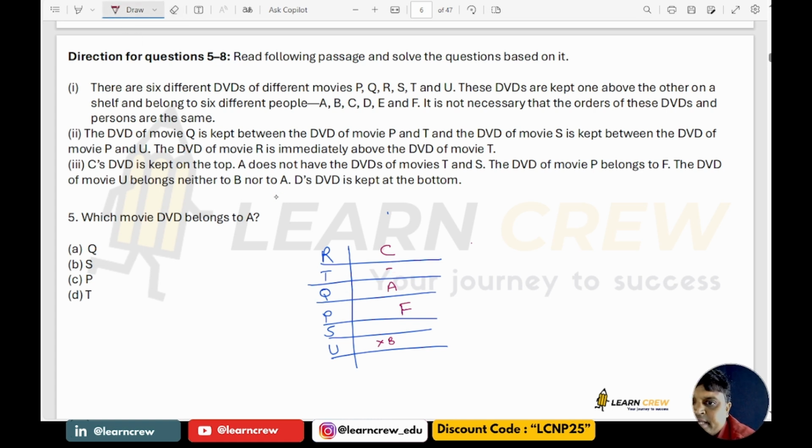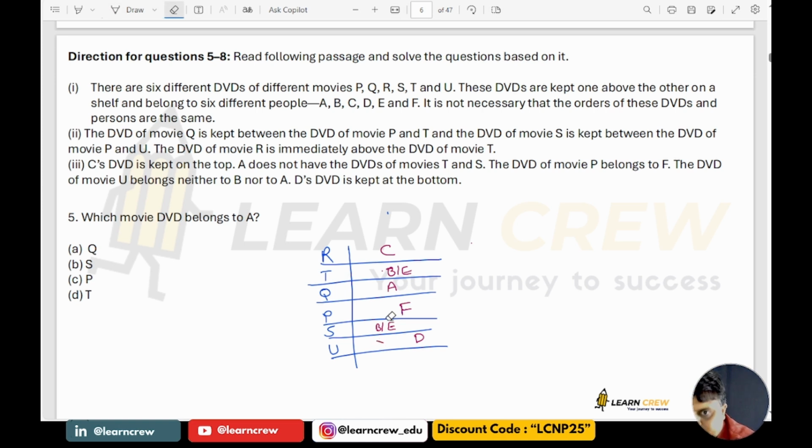Now next please see, D's DVD is kept at the bottom, which means this is going to be D. Now the remaining are B and E. So any of these two can be B or the other can be E. So now this is the arrangement we have fixed.